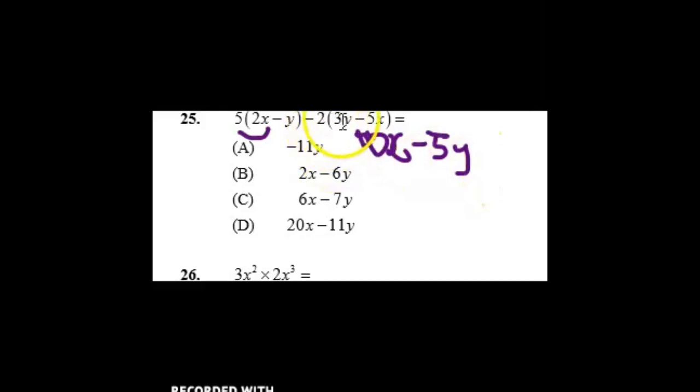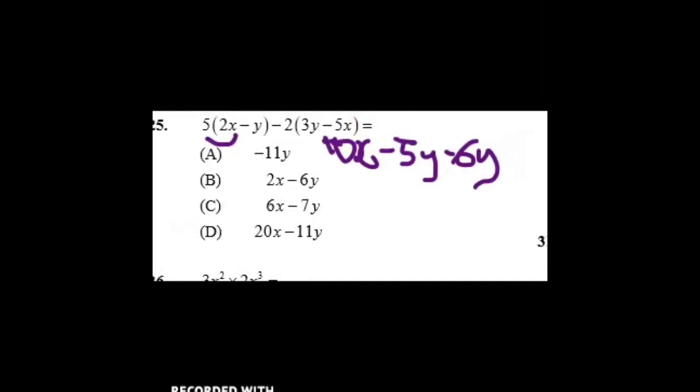Negative 2 times 3y, that would have given us negative 6y. And here we have negative 2 times negative 5x, that would have given us positive 10x.